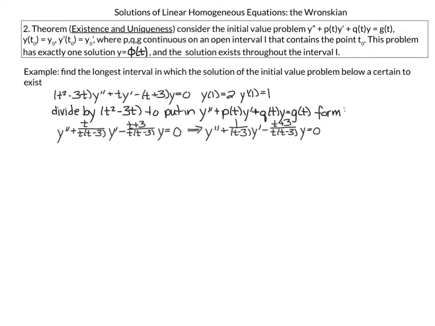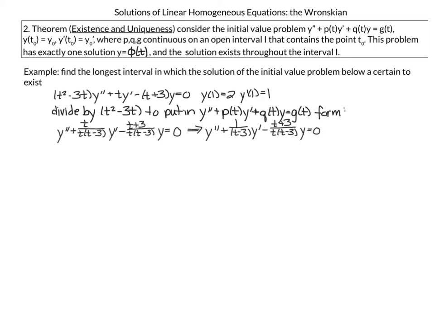And I get y double prime plus t over t times (t minus 3) y prime minus (t plus 3) over t times (t minus 3) y equals 0. And then I canceled out these t's, so I come up with y double prime plus 1 over (t minus 3) y prime minus (t plus 3) over t times (t minus 3) y equals 0. I thought these might simplify, but they don't.